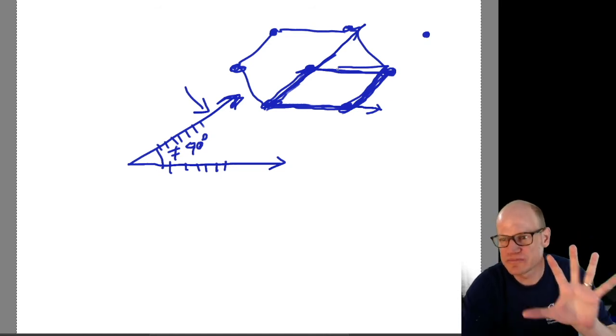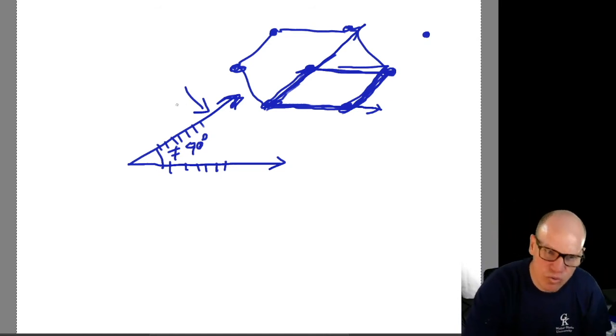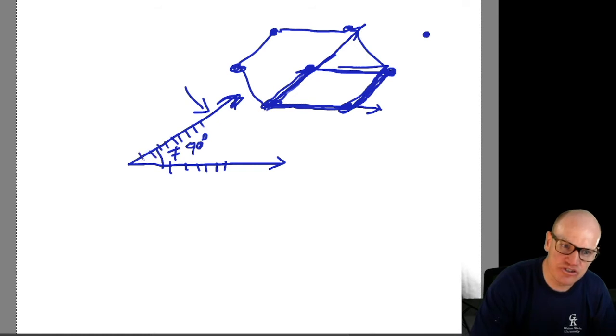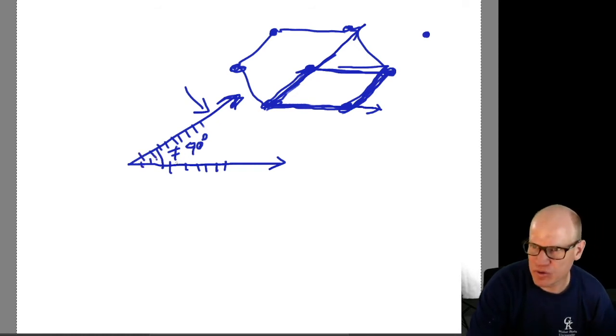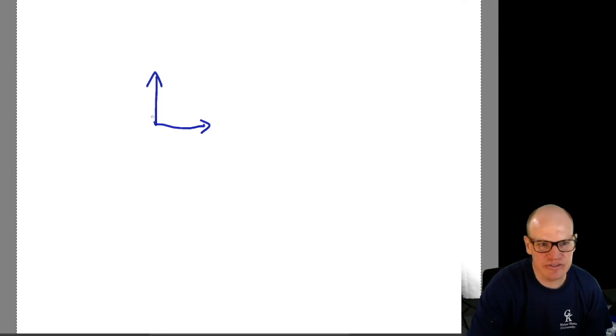So something to be aware of with coordinate systems is that it's really up to us, the user, to choose the coordinate system that we want. In general, we will choose coordinate systems that are most convenient for what we're doing. For example, it's a lot more convenient when you have two spatial directions to have them perpendicular to each other, because that means that motion in one direction is completely independent of motion in the other direction.